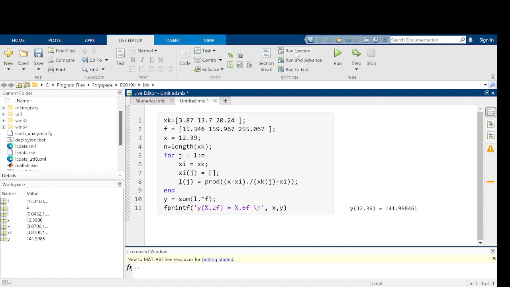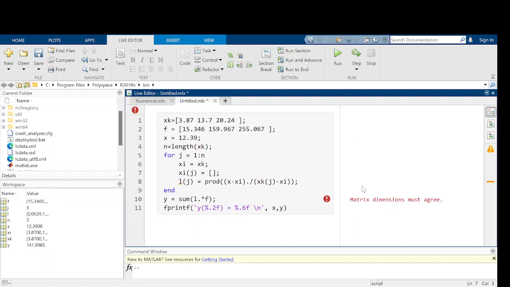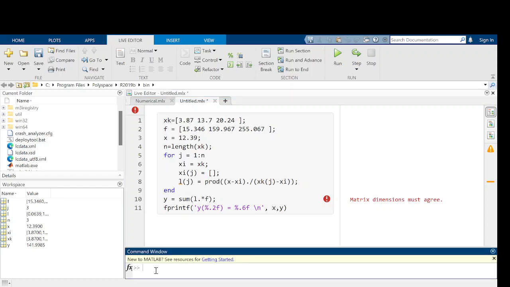So I'll run this one. When I run this one, something is not correct here. Let me just clear off everything and run again.